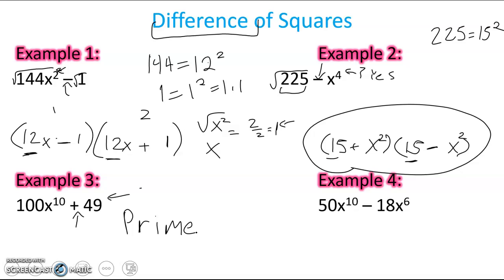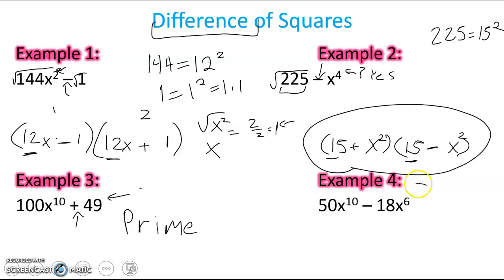Because again, if you see a binomial with an addition sign, you're either taking the GCF out, or you're doing a sum of cubes, which we'll get to in a second, but we're not doing difference of squares. Once you see an addition sign, this method that I'm showing you is completely off the table, okay?